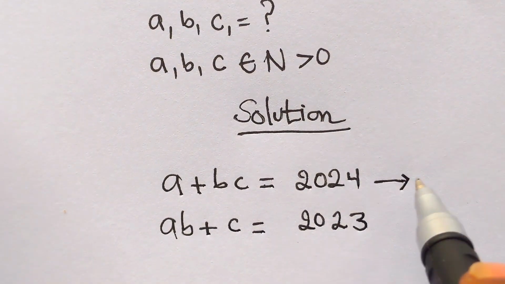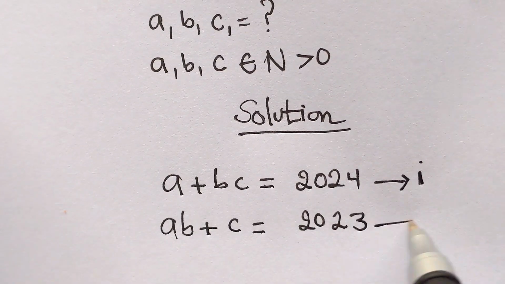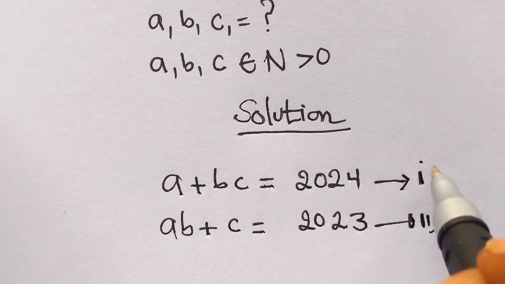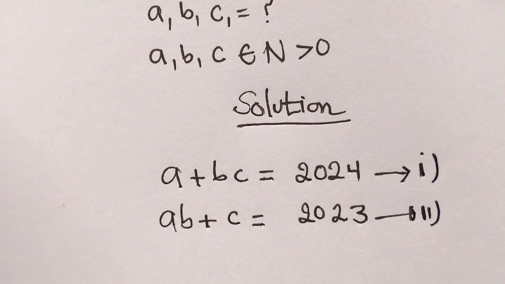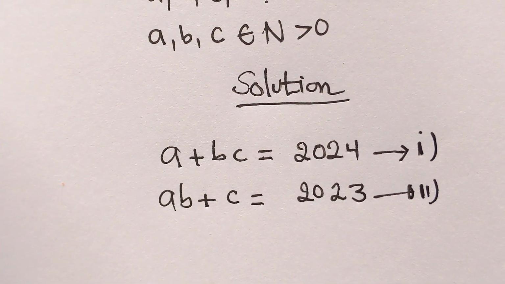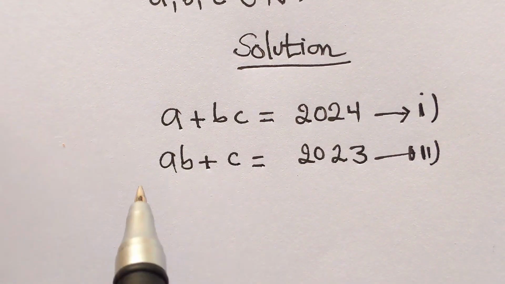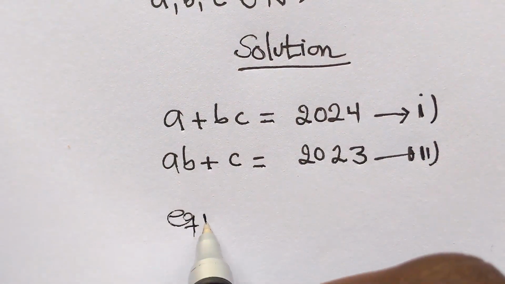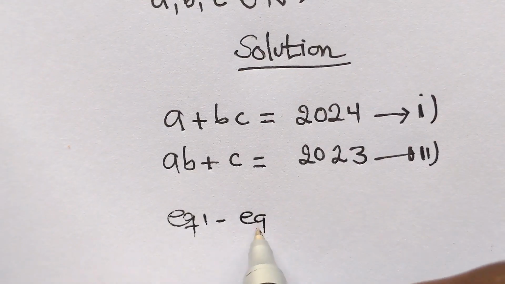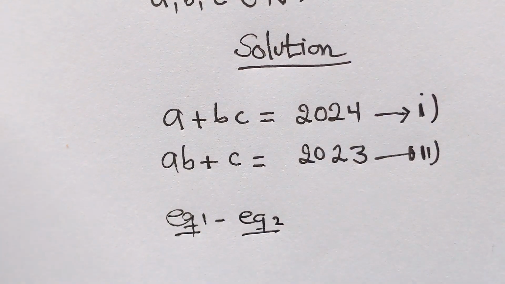By naming, this is equation 1 and this is equation 2. These questions can be solved in different ways, but I'm going to take equation 1 minus equation 2.